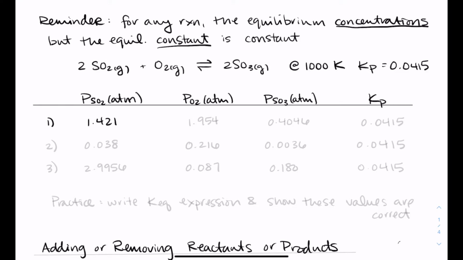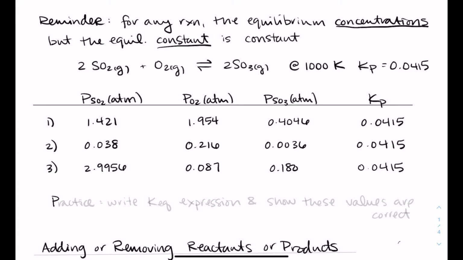And the Kp is completely filled in, right? The Kp is 0.0415 no matter what. So what I would like you to practice doing is write the equilibrium constant expression for this reaction and show that all of these values are correct. So show that the different pressures listed all go to a Kp of 0.0415.